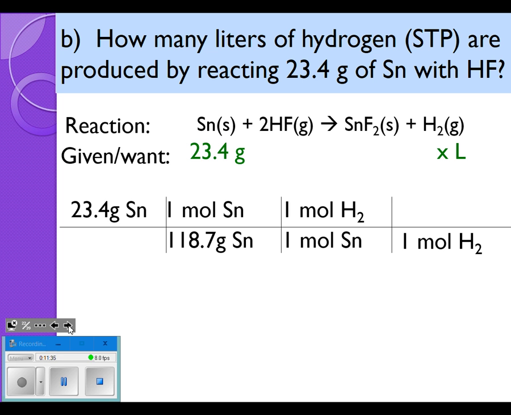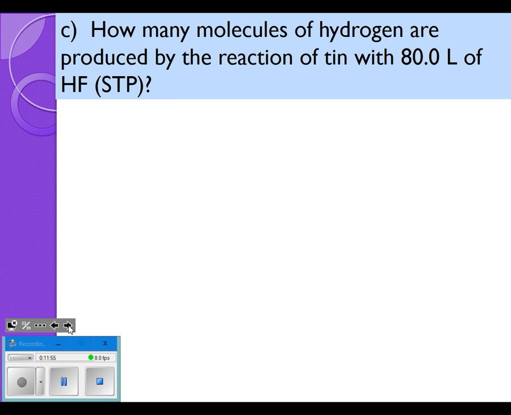I know for every 1 mole, there's 22.4 liters. Then I'm canceling out grams of Sn, top and bottom, moles of Sn, top and bottom, and moles of H2, top and bottom. I'm ending up with liters of H2, multiply across the top, divide across the bottom. All right? So it's the same process over and over and over again.